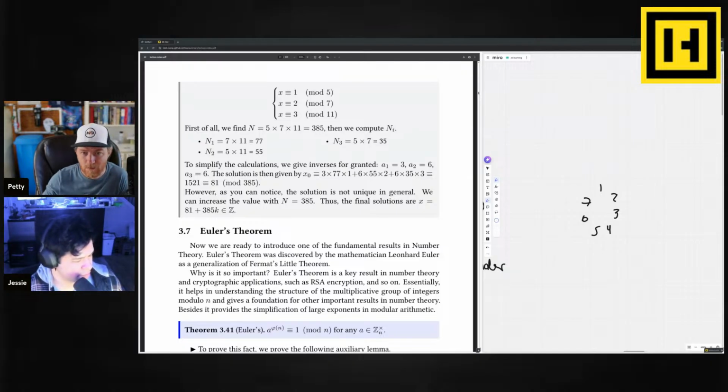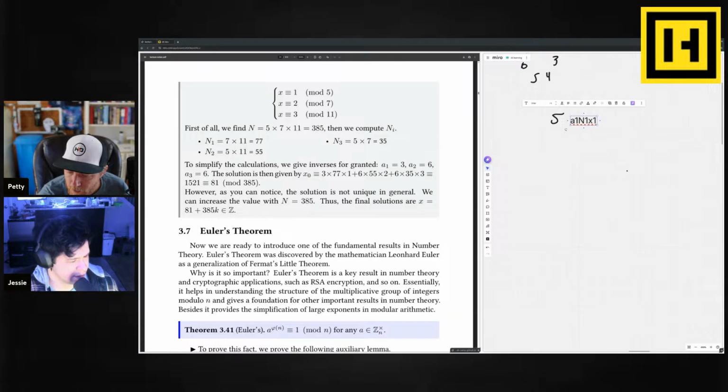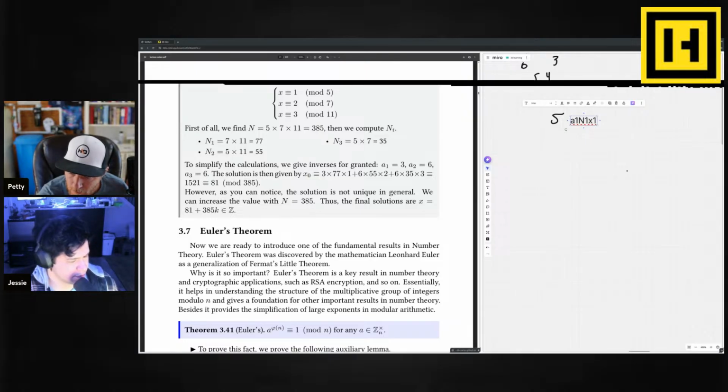You see this? I'm reading along behind you. First of all, we find N equal to 5 times 7 times 11, which is 385. So that is your capital N. Then we compute N sub i.